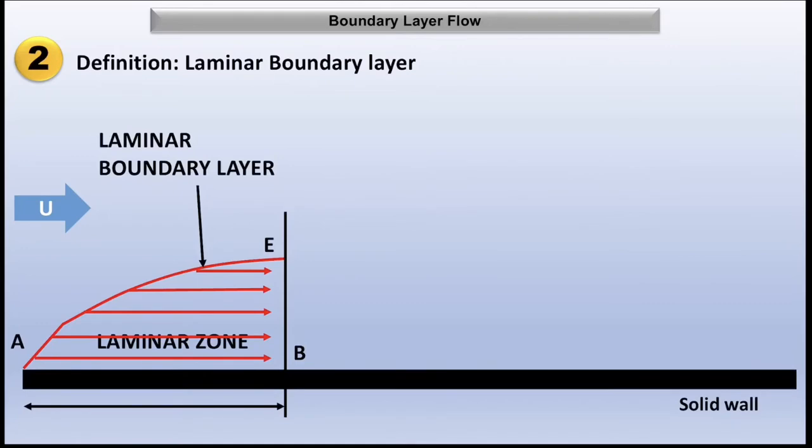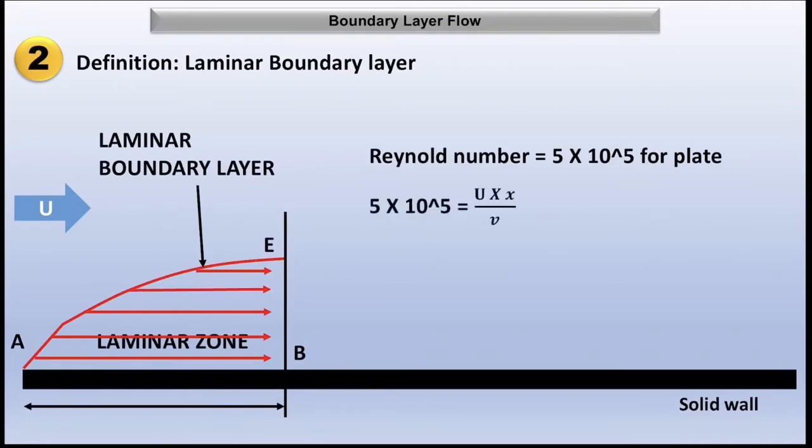The distance B from the leading edge is obtained from the Reynolds number, which is equal to 5 into 10 raised to 5 for the plate, because up to this Reynolds number the boundary layer is laminar. The Reynolds number is given by u into x by nu, and it is used to find this distance AB.